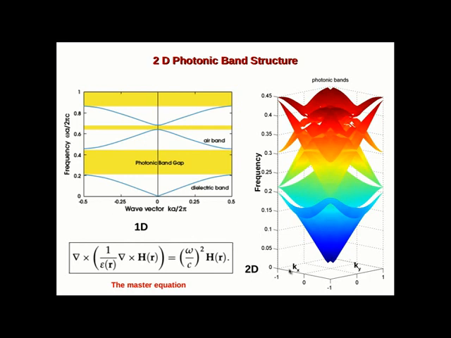This plot here has a 2D Brillouin zone, and analogous to the dispersion curves here, dispersion surfaces are obtained for the two-dimensional case. Since it is two-dimensional, it has both components of wave vector, kx and ky, and the corresponding dispersion surfaces are obtained, which give the value of frequency for a particular kx and ky pair.